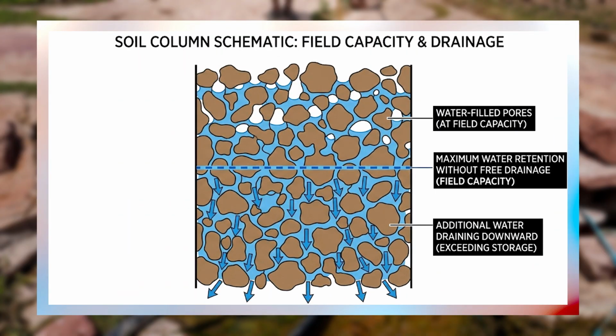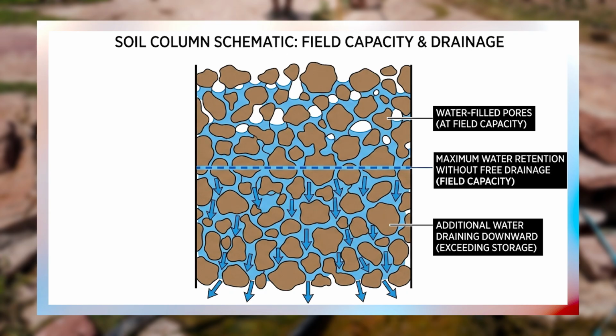Once water infiltrates the surface, it enters the soil zone. This is the most critical step in the recharge process. We can visualize this using the soil moisture balance concept. Consider the soil as analogous to a sponge, capable of retaining a specific quantity of water against gravitational forces.